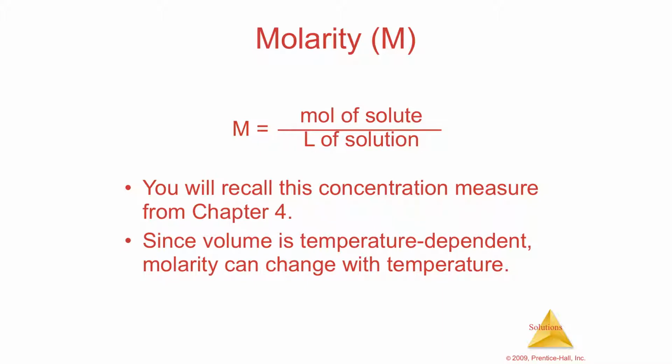Molarity is just a concentration where you're using a very useful mole idea, but it's also talking about volume. So moles of solute, what you're dissolving, divided by liters of solution, total solution. So liters is a volume.